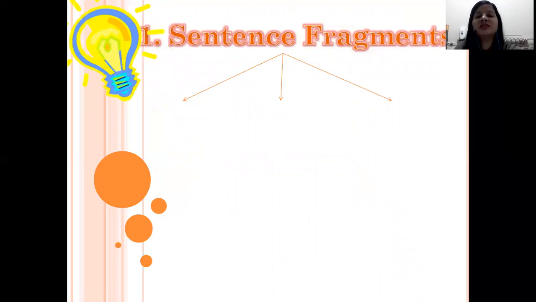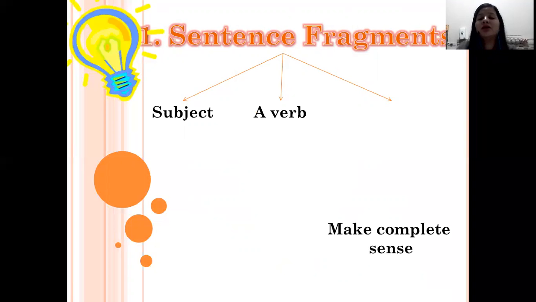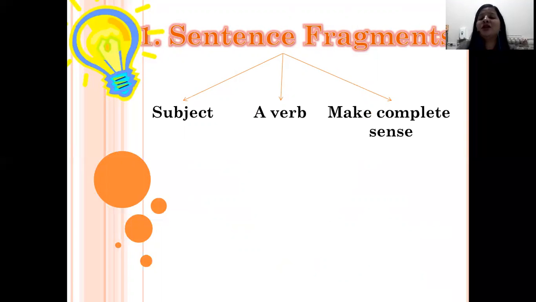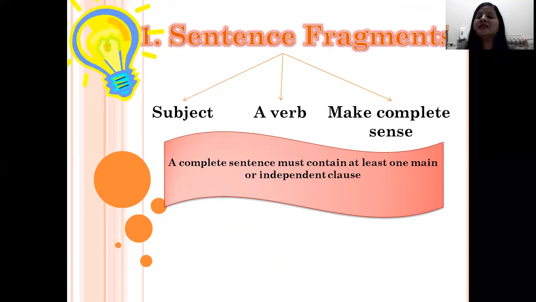For the first, that is sentence fragments, it is important to know that a sentence contains just a fragment when it doesn't have a subject, a verb, or doesn't make complete sense. So another important thing is to remember that sentences must contain at least one main or independent clause.